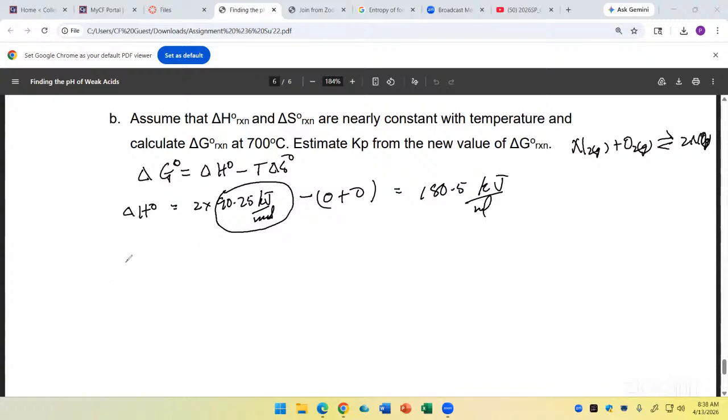And then I do a similar calculation for delta S standard. That would be equal to 2 times 210.76 joules per mole Kelvin, minus the sum of the entropy of both nitrogen and oxygen, which from the tables I got 191.6 kilojoules, not kilojoules, what am I saying? Joules per mole Kelvin.